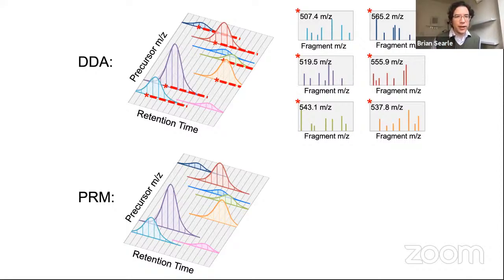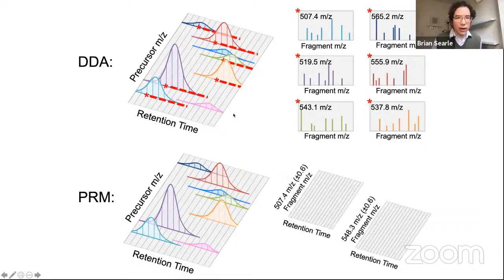And if we're interested in monitoring these low abundant peptides, so for example, in this particular case, you can see that the dark blue and the light pink peptides were just never sequenced for MS2s. We can actually target specific masses that go after individual peptides that we're interested in.